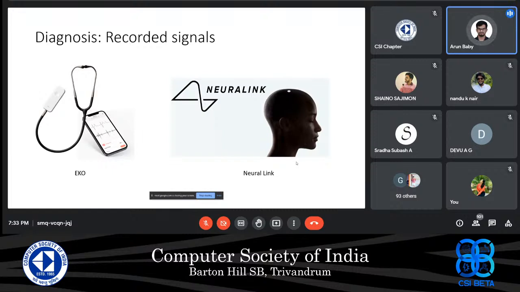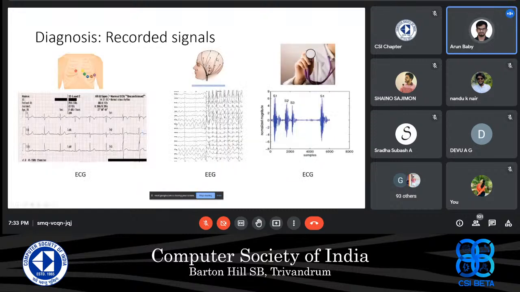Usually, the EEG is actually taken from outside our skull. So it dampens a lot of signals, and we lose a lot of information regarding what's happening deep inside our brain.